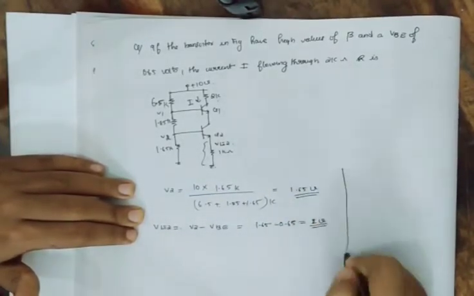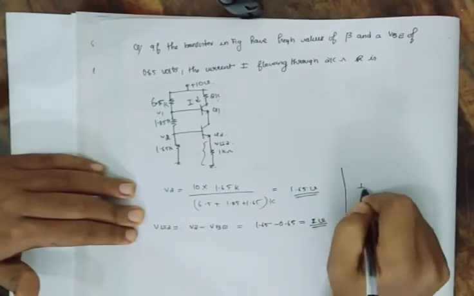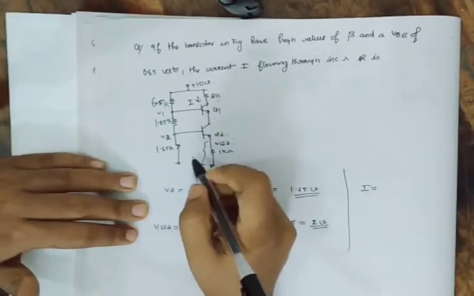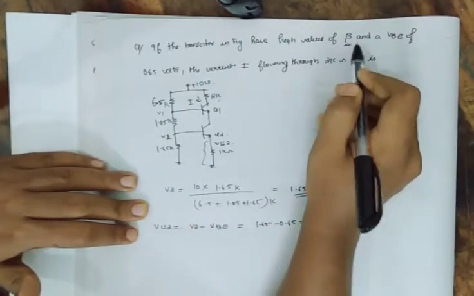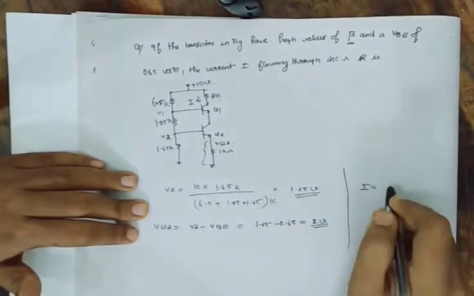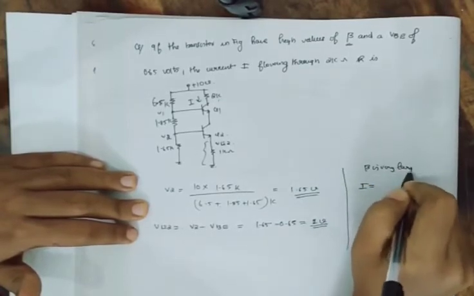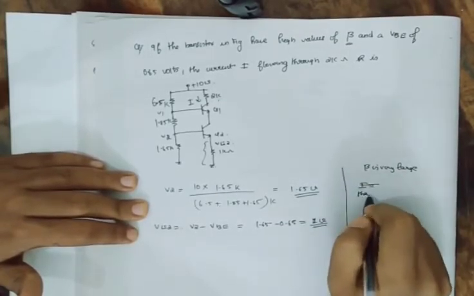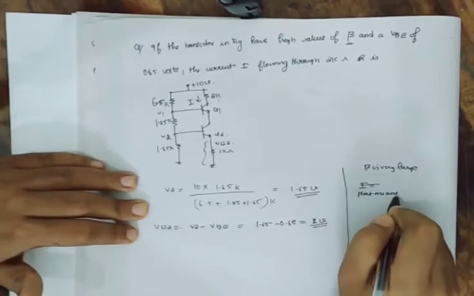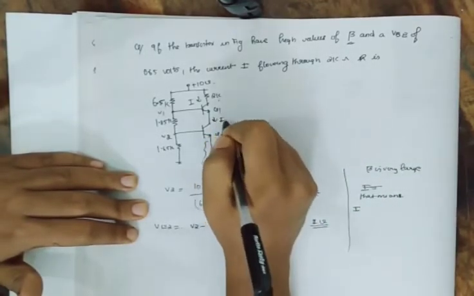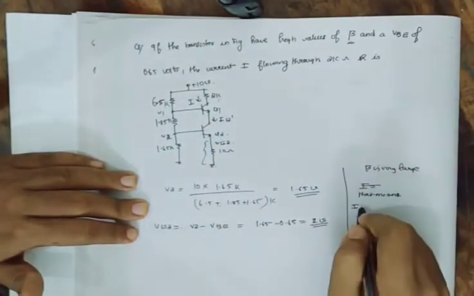Okay, and now I equal to, it is given that beta is very large. That means I is equal to IE dash.